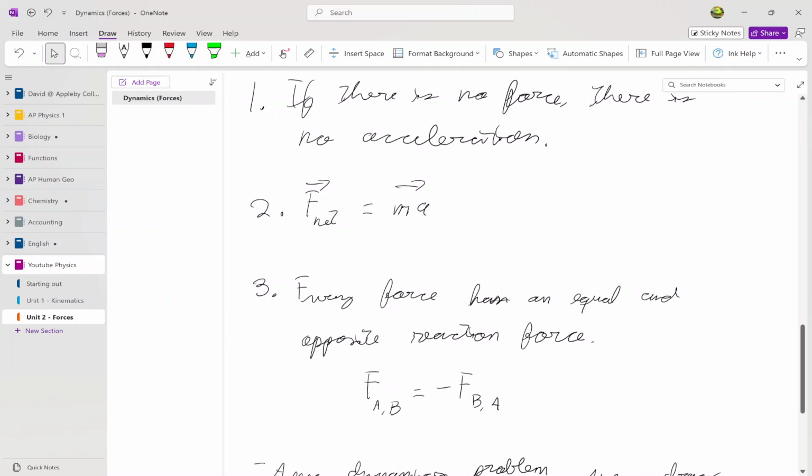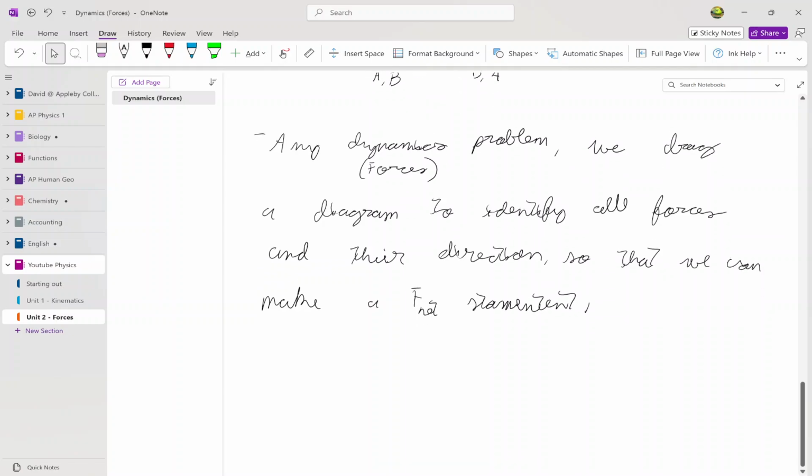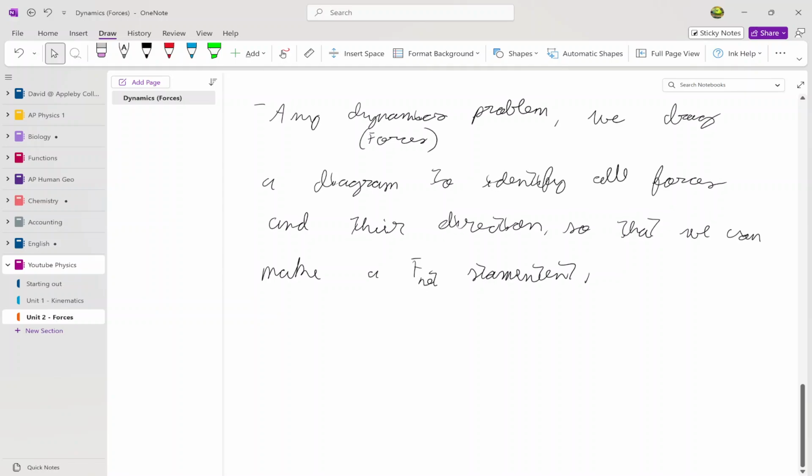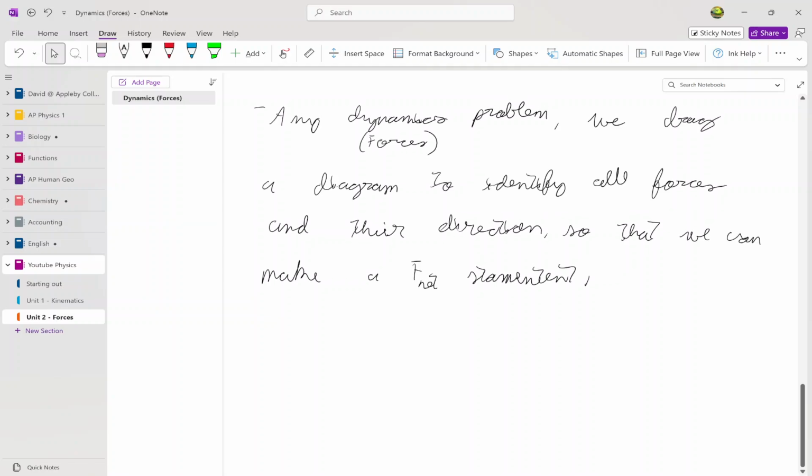So let's say I'm pushing something to the right, 100 newtons, and then friction is pushing to the left, 70 newtons. It has a net force to the right of 30 newtons. And so that will result in an acceleration, movement or motion, etc.